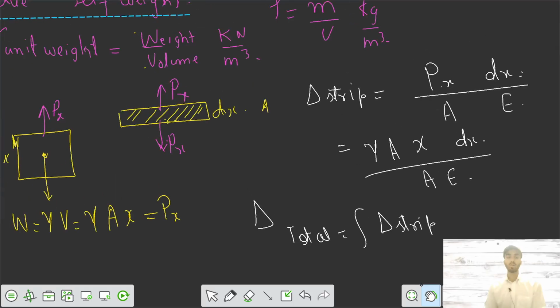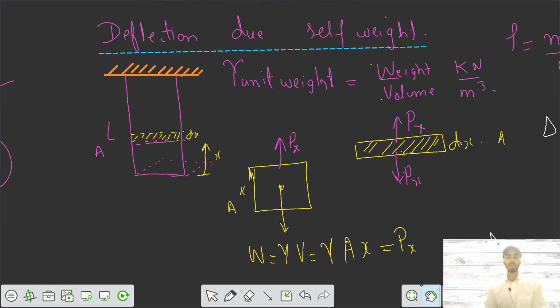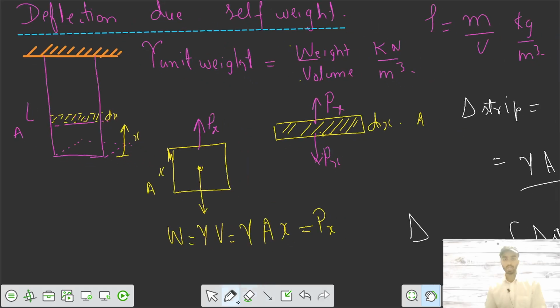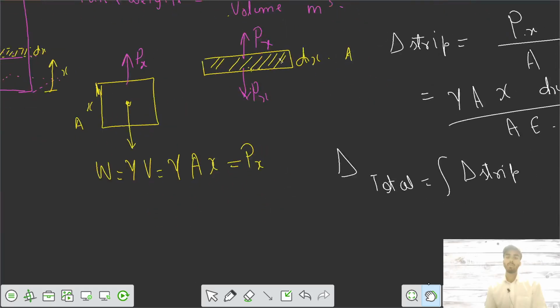If we combine all those strips, infinite number of strips, one thing we have ignored is the weight of the strip. Since the strip is very, very small, you have an infinite number of strips in the length L. There is actually weight of the strip also, but we ignored it for the calculation.